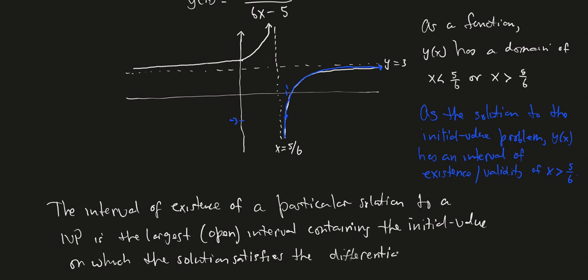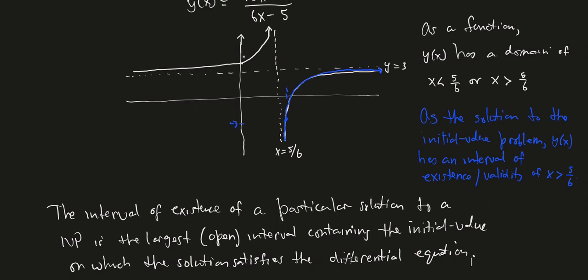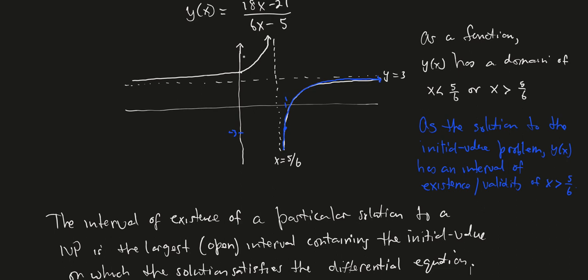Right? So when we're talking about the interval of existence or the interval of validity, not only are we thinking, okay, for what values of x is this function defined, but in addition to that, it has to be defined. Well, not just defined, but if you think about it, it has to be continuous.